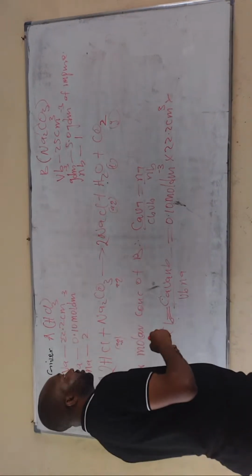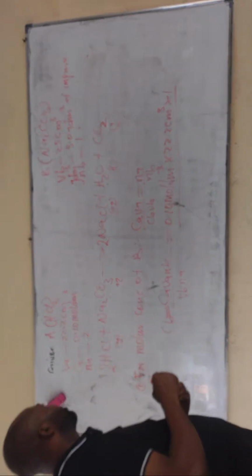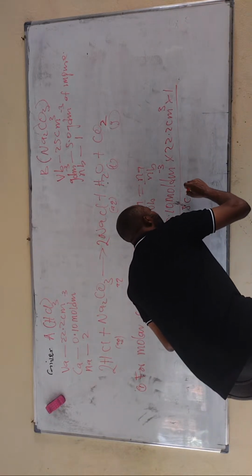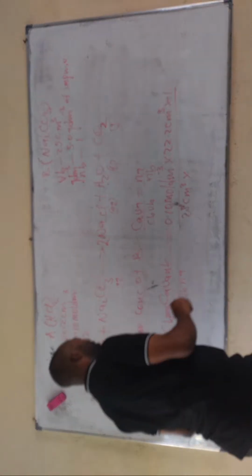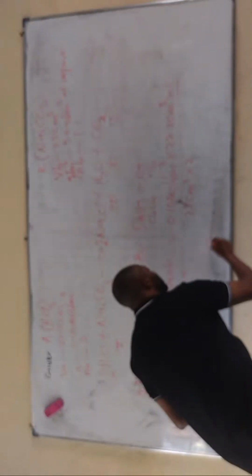The number of moles of the base is 1, over the volume of the base, 25 cm cube, times the number of moles of the acid, which is 2.